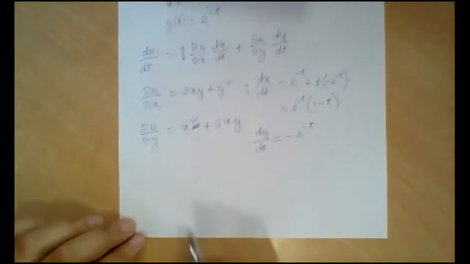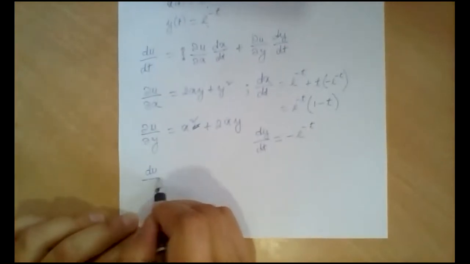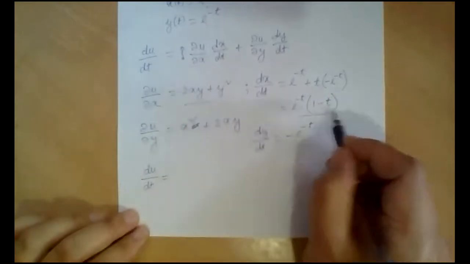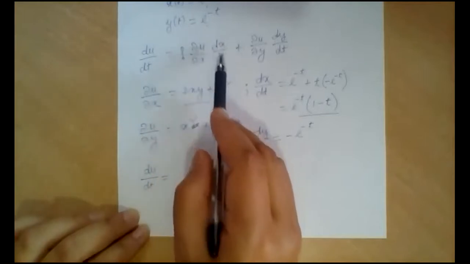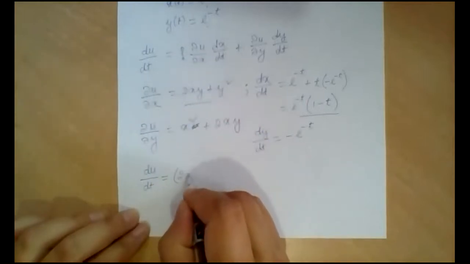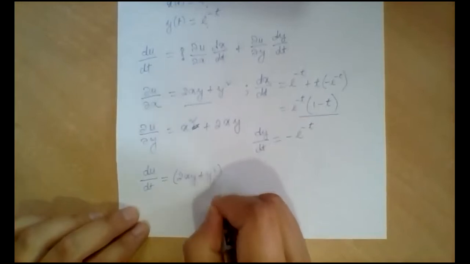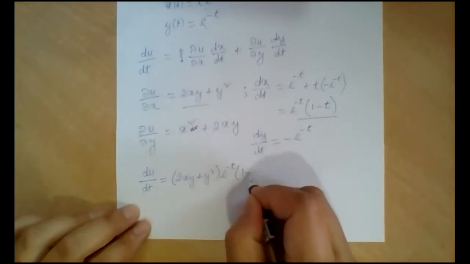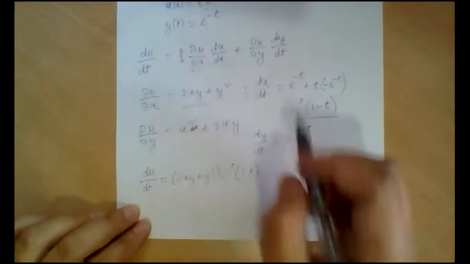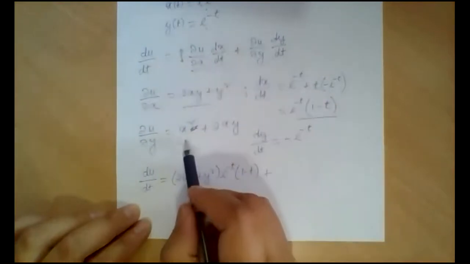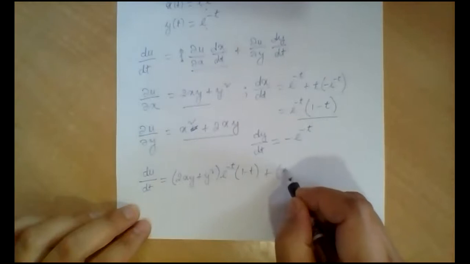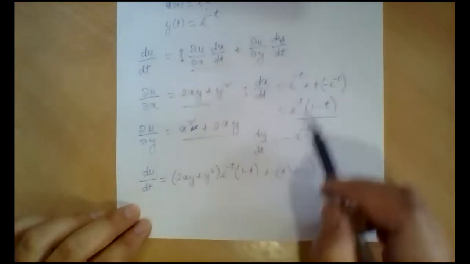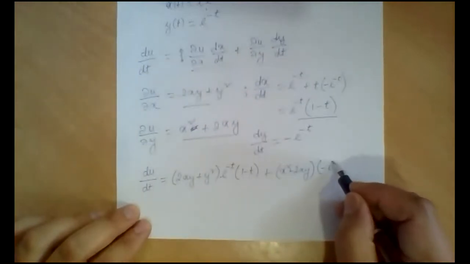Therefore du by dt will be equal to del u by del x multiplied by dx by dt, so it will be 2xy plus y square multiplied by e to the power minus t times 1 minus t, plus del u by del y, which is x square plus twice xy, multiplied by dy by dt, which is minus e to the power minus t.